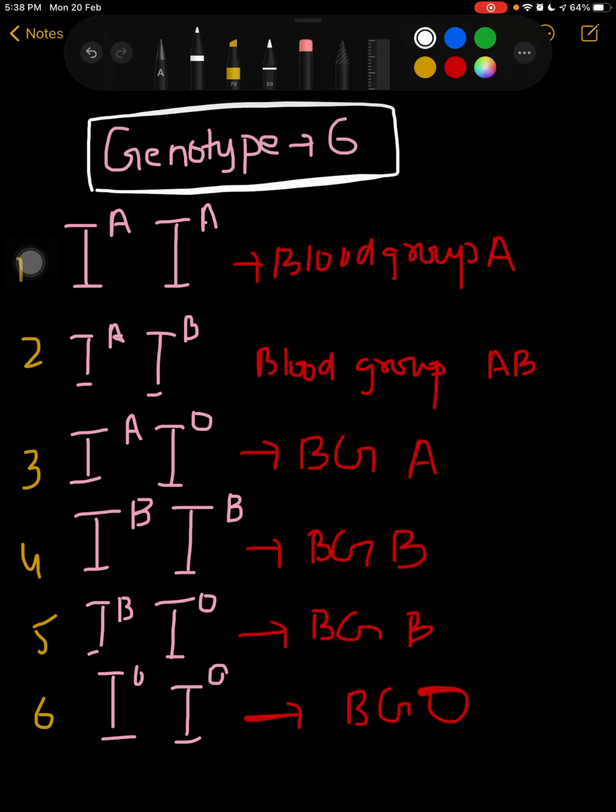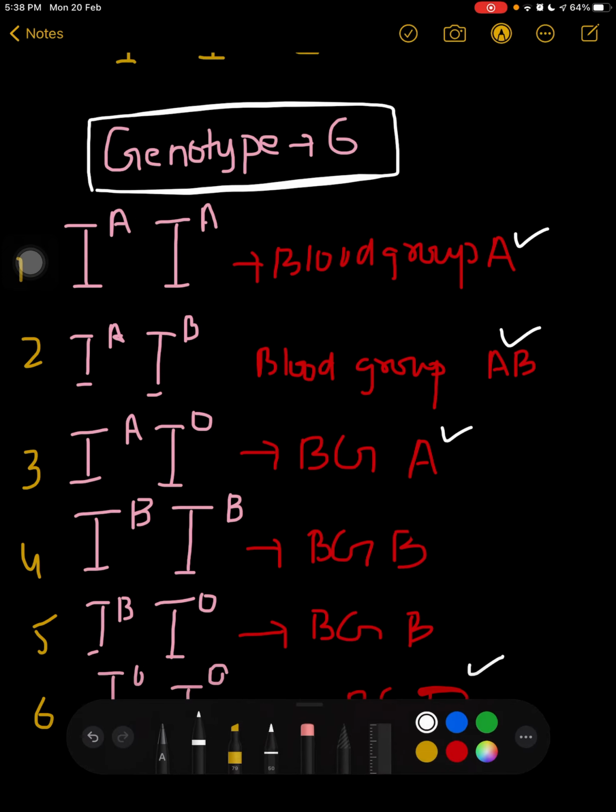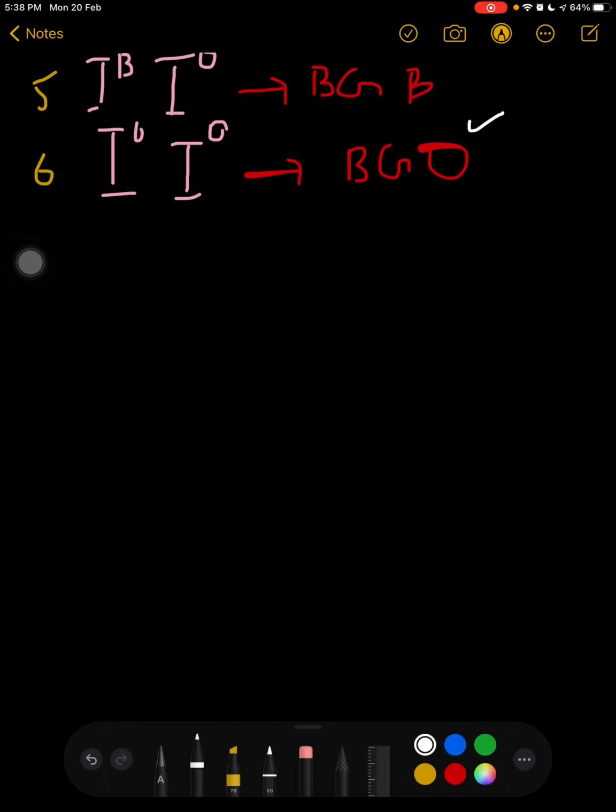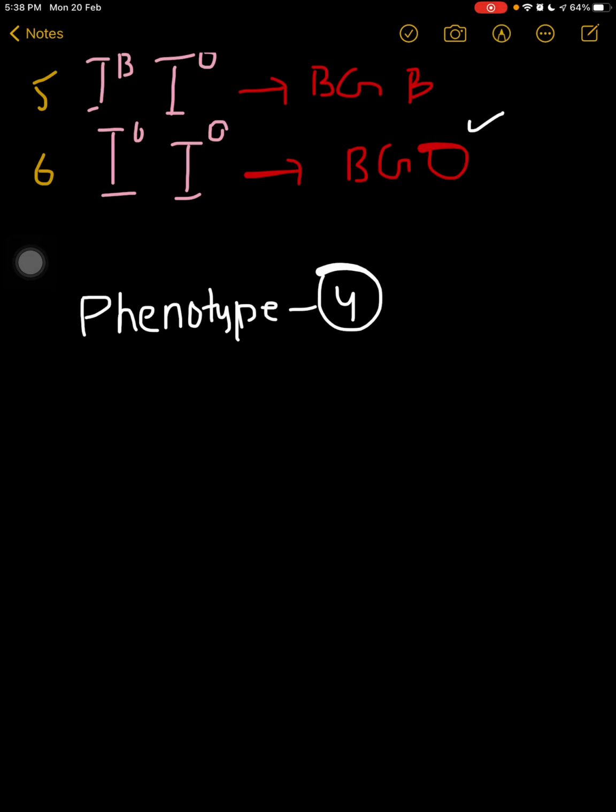We have phenotypes of 4: A, AB, B, and O. Let me write over here, we have phenotype of 4, right?